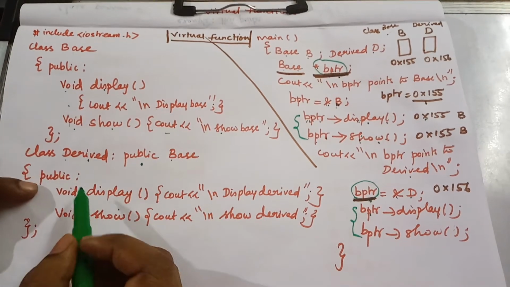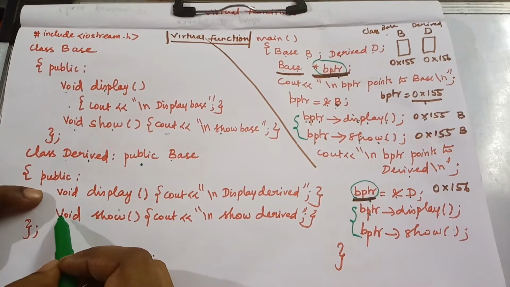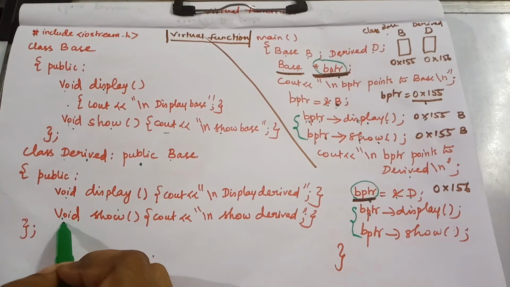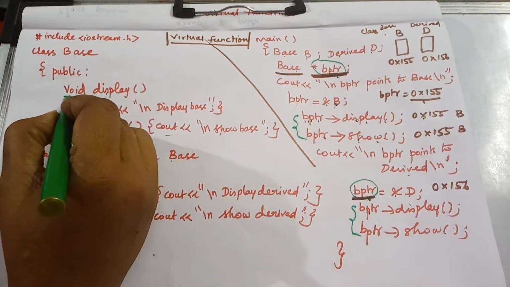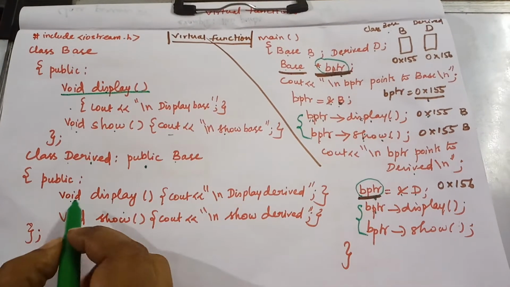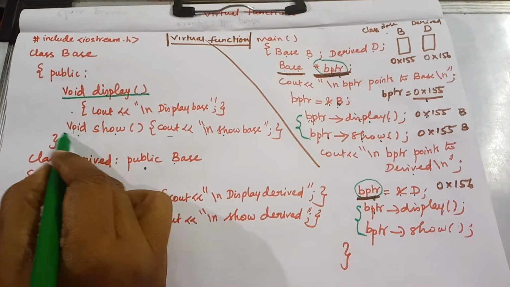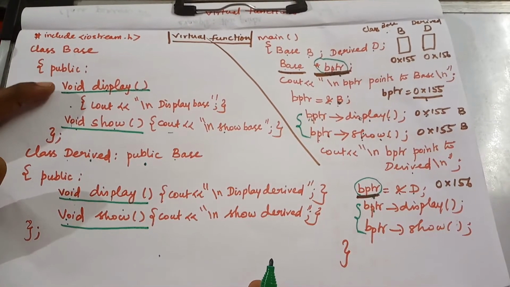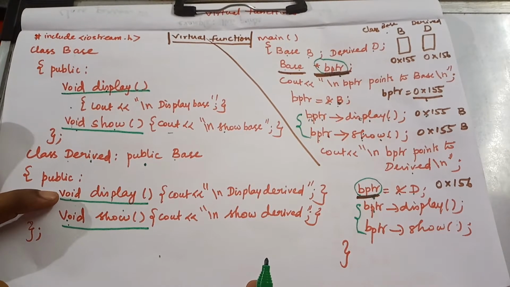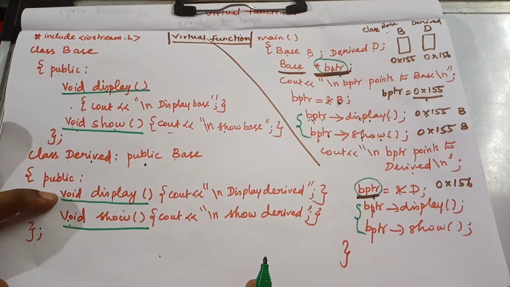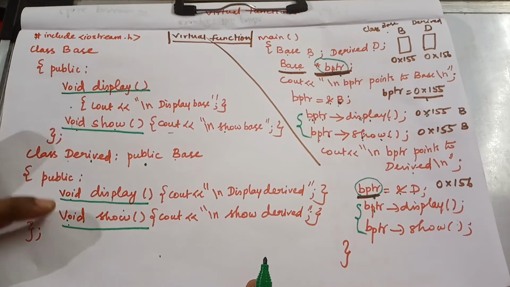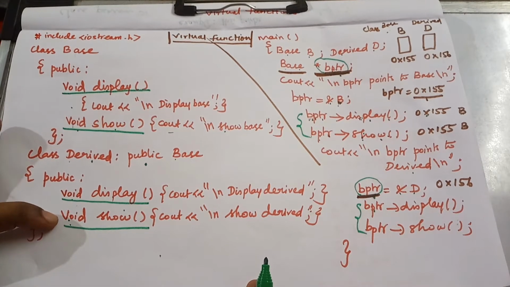Okay. Here also I am using two member functions. One is void display, void show. See here, in your base class and also in derived class you are using the same function name. Base class also has void display, derived class also has void display. In base class void show, derived class also consists of void show.